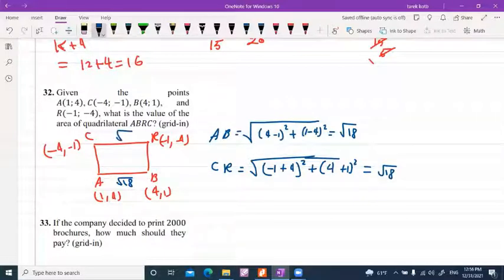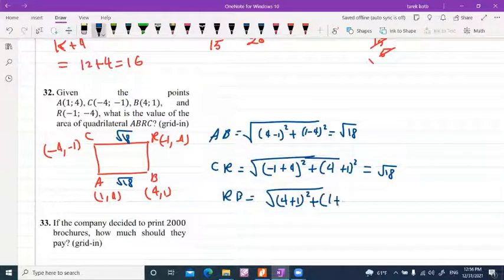Let's see RB. RB equals 4 plus 1 squared, difference in x, plus 1 plus 4 squared, difference in y, equals root 50. So RB is root 50. Let's see CA.